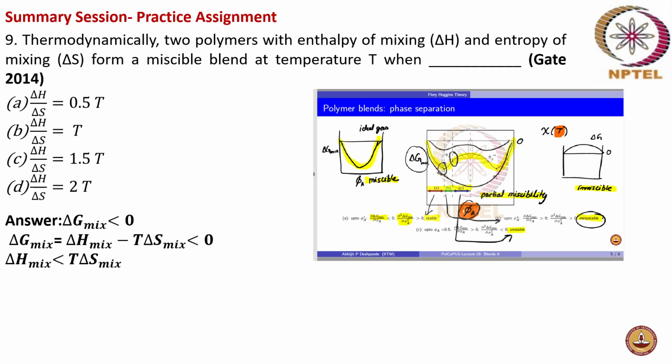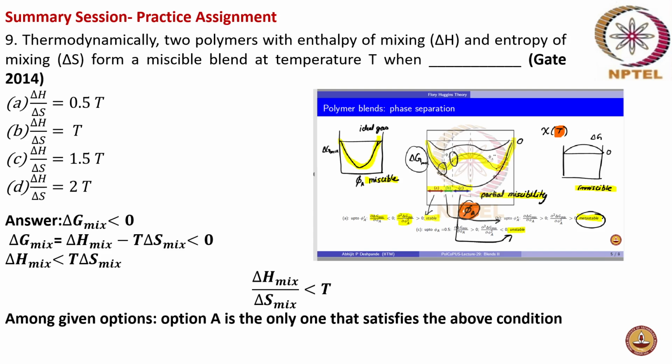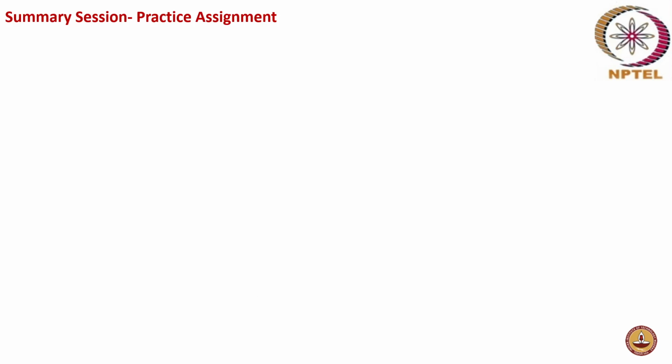So delta H should be less than T delta S. So delta H mixing by delta S mixing should be less than T. The only option given here which is less than T is 0.5 T. So obviously, if your delta H by delta S is equal to 0.5 T, then you will have a miscible blend. Hope both of you got it. Yeah, got it. Okay, fine.